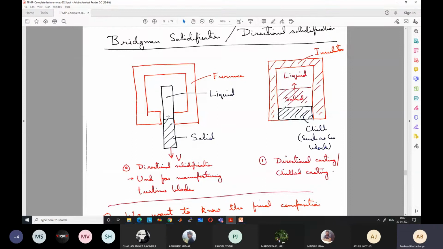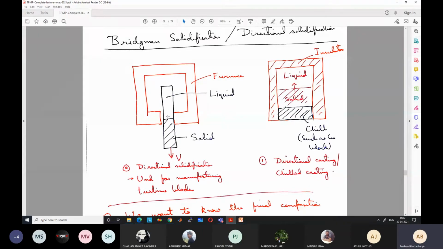Because the outside is at cold temperature and the inside is at hot temperature, all the solidification occurs at the transition region, at the boundary of the furnace and the cold outside container. When the initial grains, the initial dendrites, are nucleated, no further grains can nucleate, because in the hot region there cannot be any nucleation since it is too hot, and in the solidified region it is already solidified.